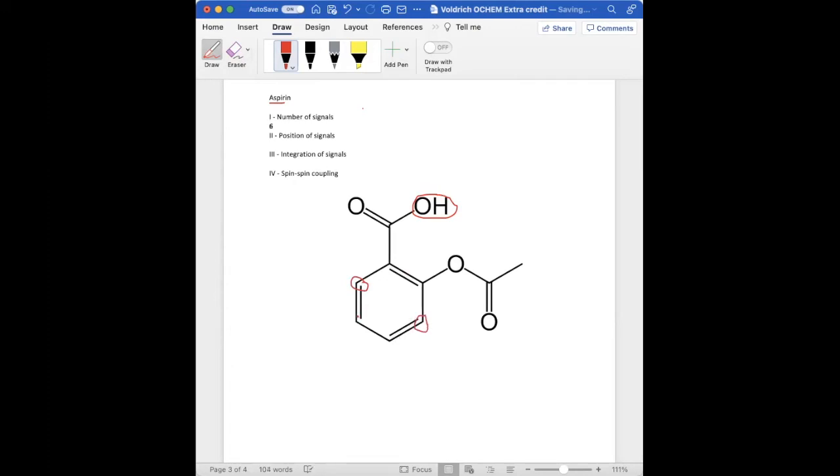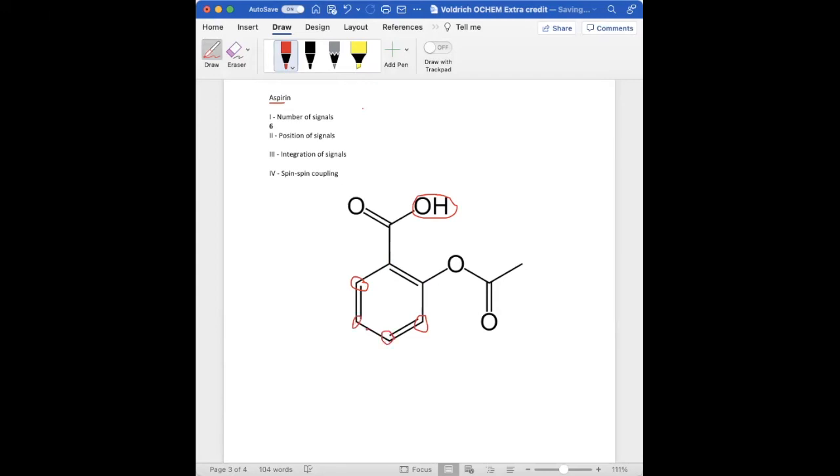Now, these two hydrogens on the ring will also have different signals because of the location, the same reason as the other two. They're either two away from the ether and three away from the carboxylic acid, or vice versa.